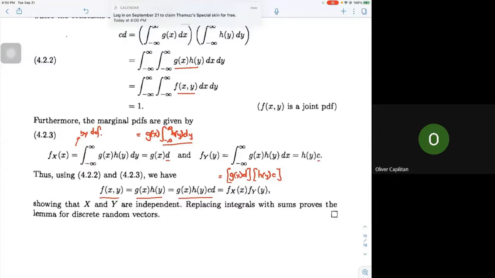For the discrete case, we're going to replace the integrals with sums. So the proof is for the continuous case, madam, but you can show also the proof in the discrete case.